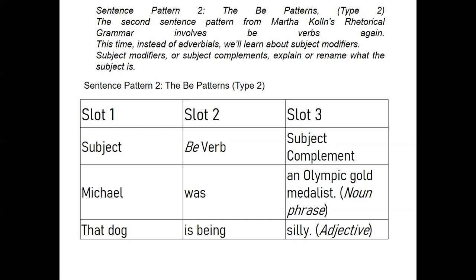So Michael is the subject, though we are still using the be verb. Do not be confused by that. The point in be verb pattern number 2 is that the subject complement will go back to the subject. Who is Michael? Michael is an Olympic gold medalist. An Olympic gold medalist starts with an, which is an article, so just like last time, since it starts with an article, it becomes a noun phrase.